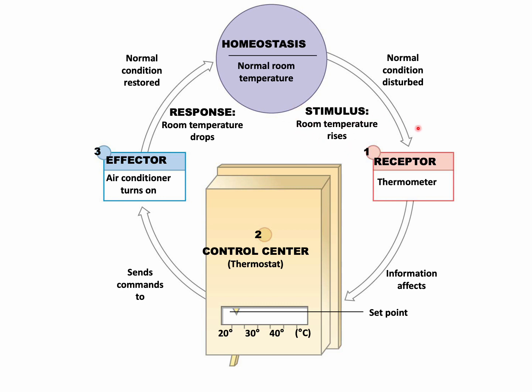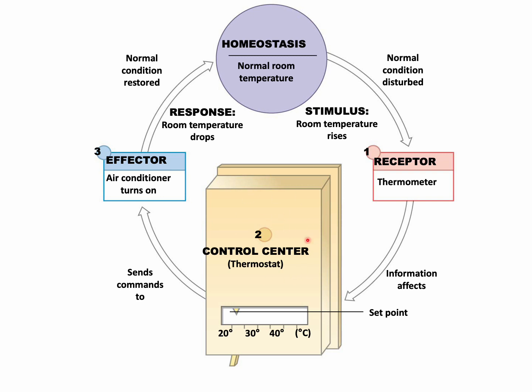And then we said that there's a receptor. The receptor was the thermometer. The thermometer is picking up on that stimulus of the increase in the room temperature. So that receptor is going to send that information to the control center. That's essentially input information that's being sent to the control center.